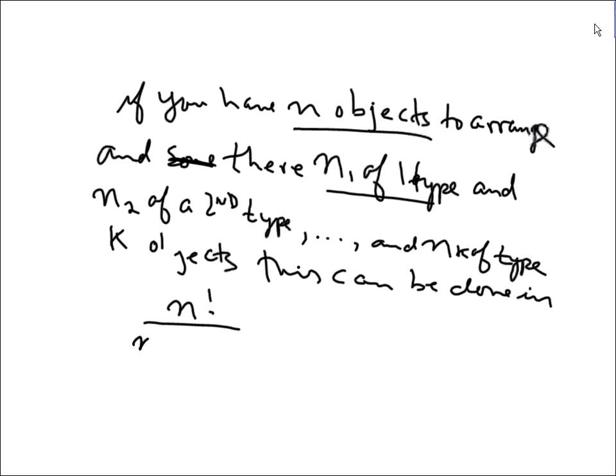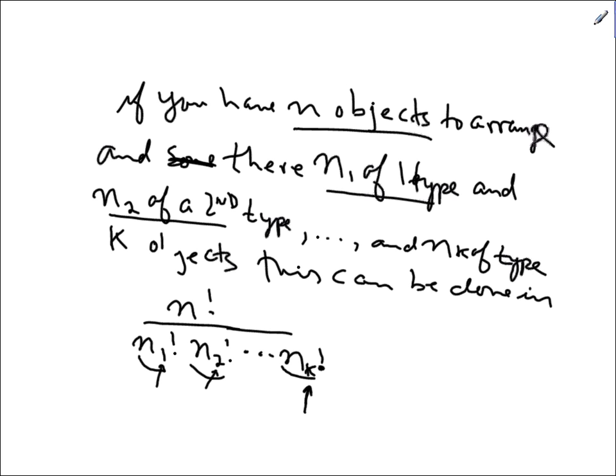You divide by n sub 1 factorial, n sub 2 factorial, all the way up to n sub k factorial. If there are 6 different types, then k would be 6. You would have n sub 1 of the first type, n sub 2 of the second type, and n sub 6 of the sixth type. Types would be like there were 2 M's in the word mathematics.